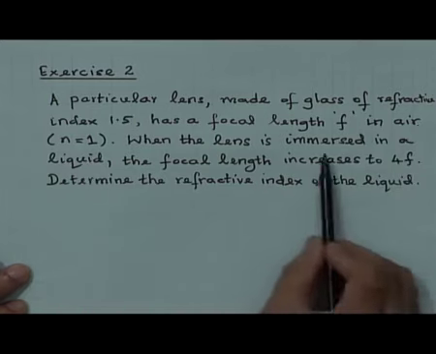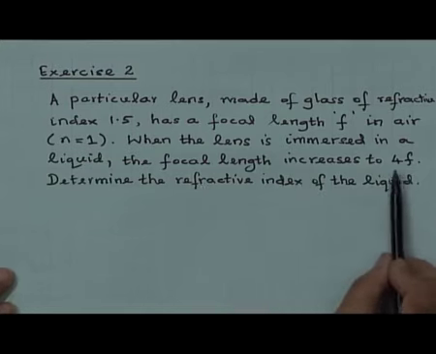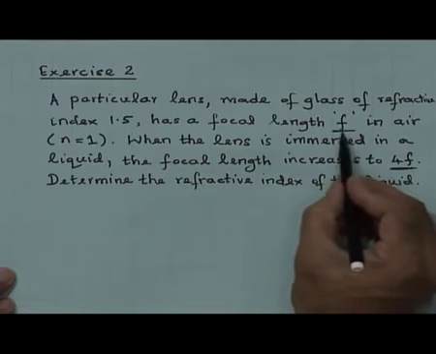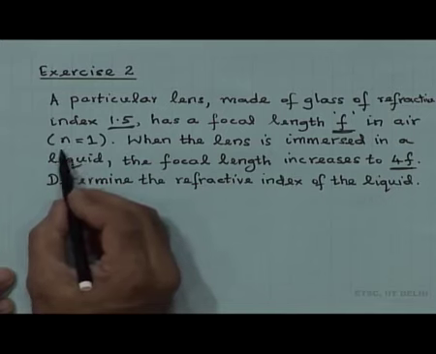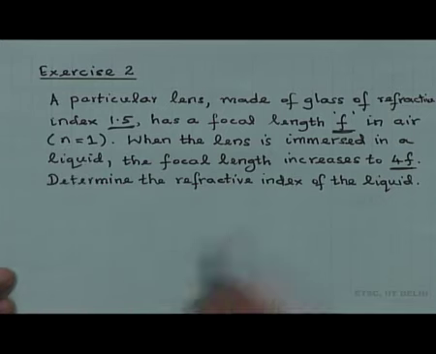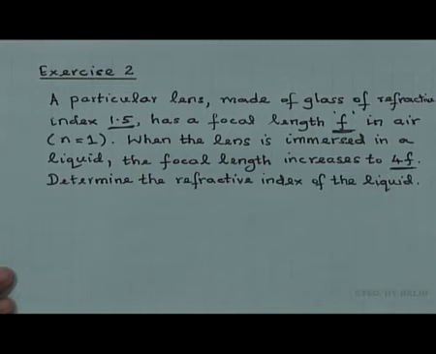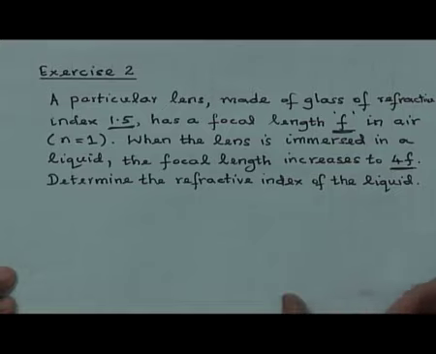When the lens is immersed in a liquid, the focal length increases to 4f. So, this is 4f. Here it is f. Refractive index is given 1.5 and outside it is air, and when it is immersed in a liquid, focal length increases to 4f. Determine the refractive index of the liquid.